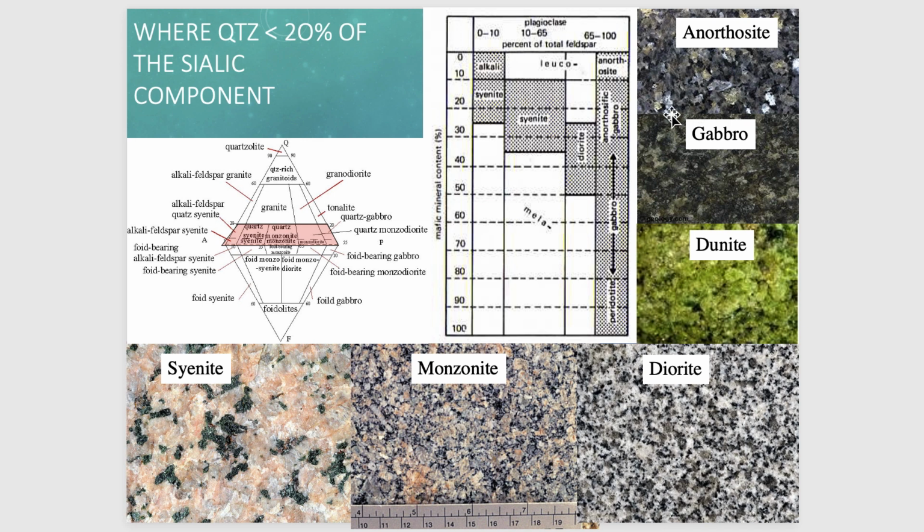So a rock dominated by plagioclase is a rock that could be termed an anorthosite.